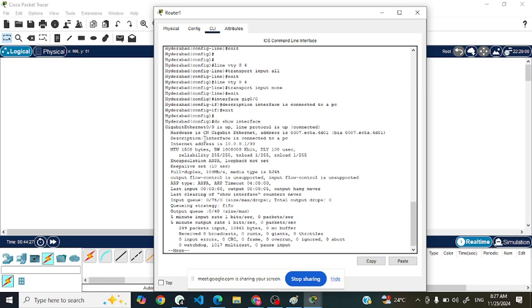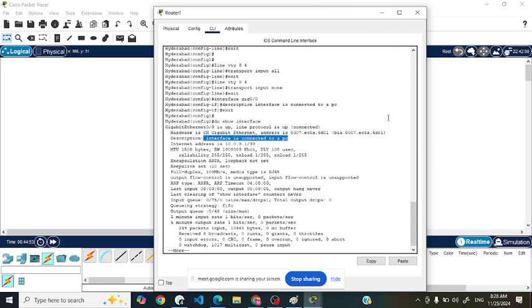It is giving a description: interface is connected to a PC. It will be helpful for future reference, from the troubleshooting point of view and for configuration changes. The description is very important.